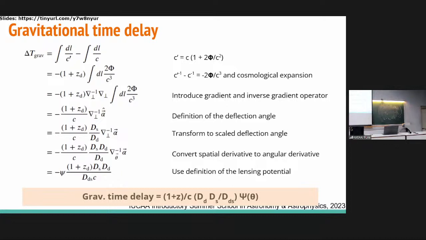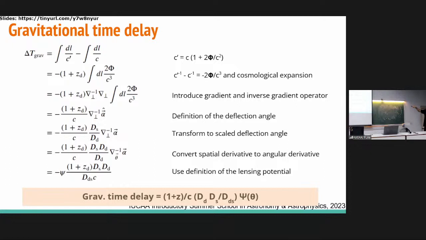So you get a gradient inverse of the deflection angle. What is the gradient inverse of the deflection angle? The gradient of the lensing potential was the deflection angle, so the gradient inverse of the deflection angle is just the lensing potential. These gradients you can convert using distance factors into a gradient of theta and so forth, so that you can write all of this in terms of the lensing potential and some distances.